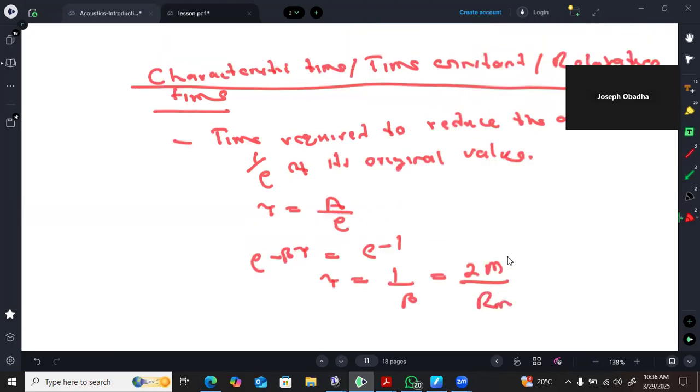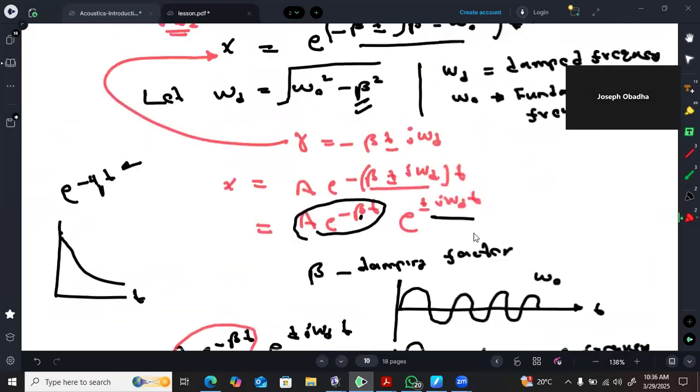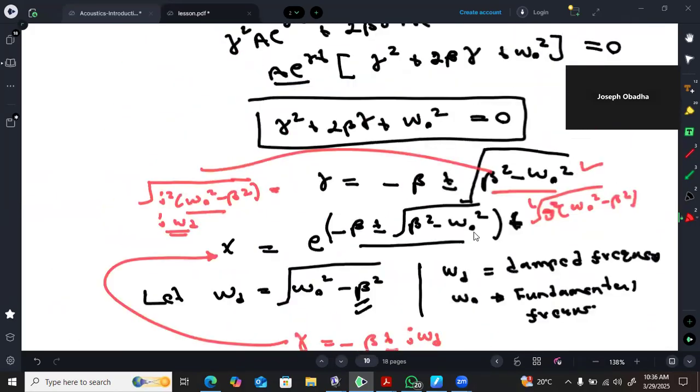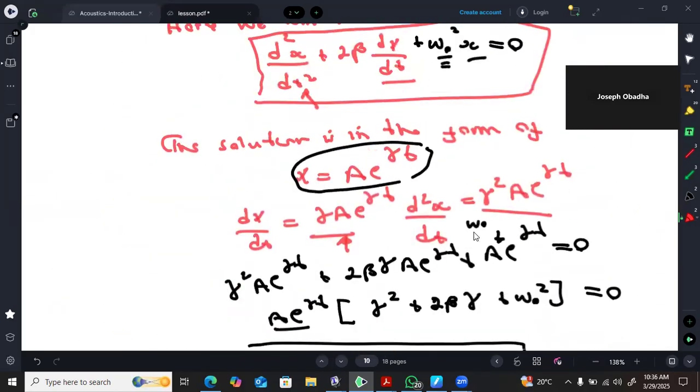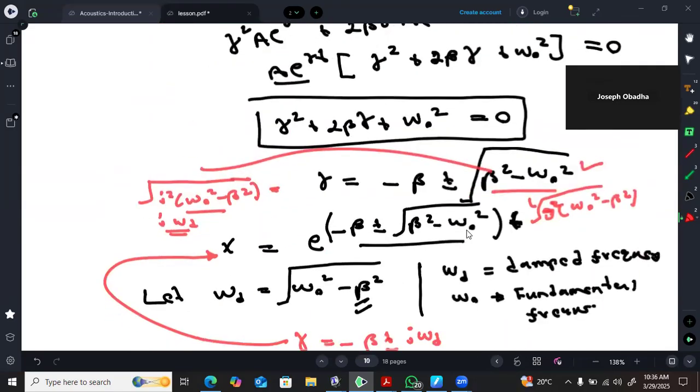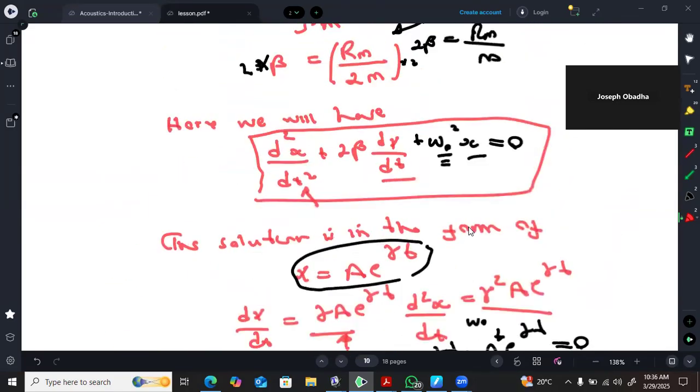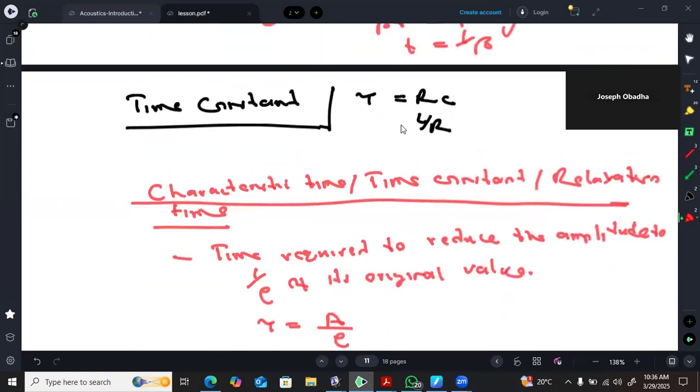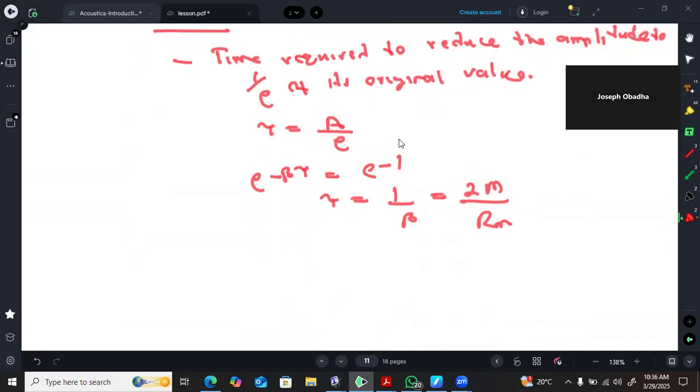Because we had denoted our beta by Rm over 2m. So 1 over beta would be 2m over Rm. That is what you call the relaxation time, time constant, characteristic time.